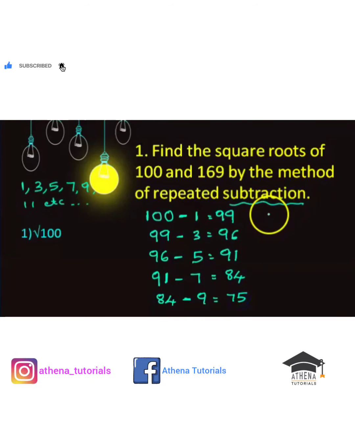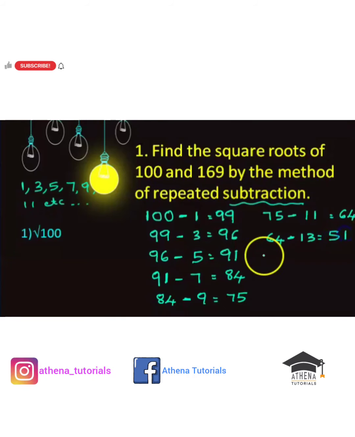I'll continue here. 75 minus, after 9, it will be 11. 75 minus 11 is equal to 64. So 64 minus 13. What will be the answer? It is 51.